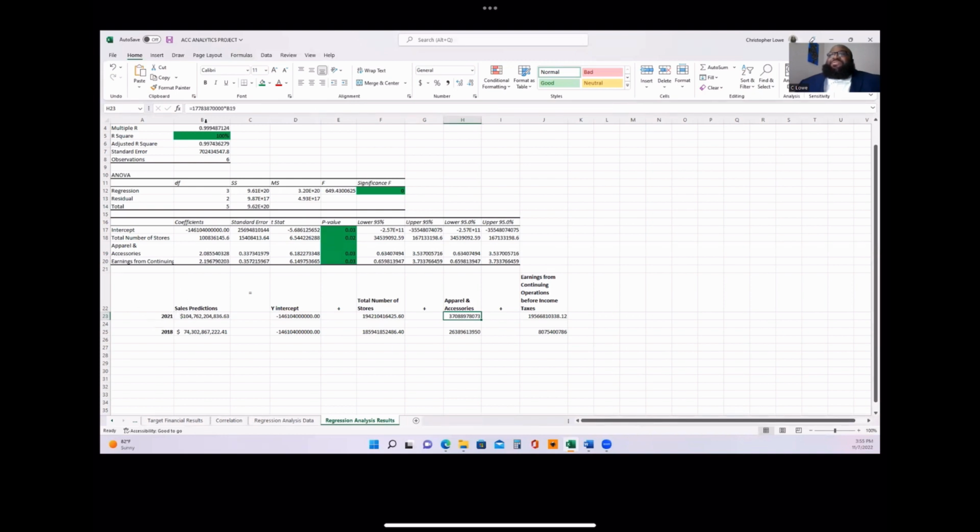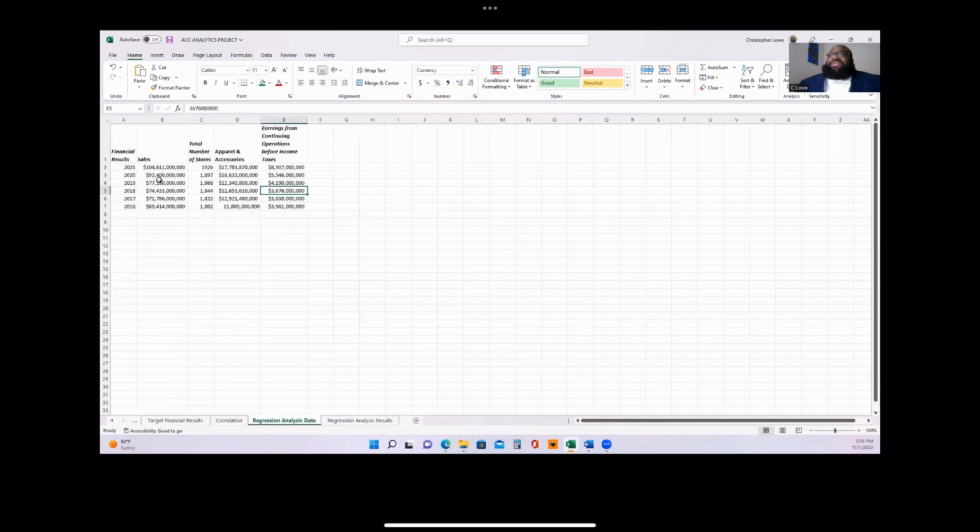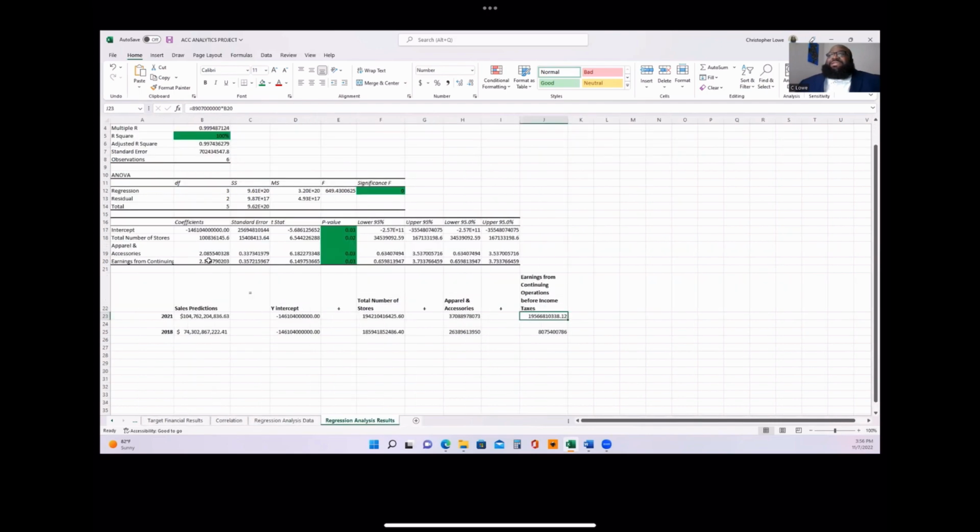That total, we multiplied it times its coefficient. Also for earnings from continued operations before income taxes, we took the number for 2021, and we multiplied it times its coefficient. Then we added all those together, and that gave us our prediction.